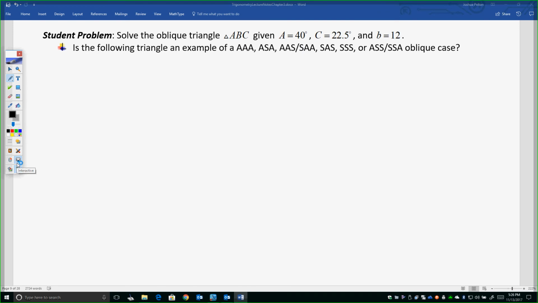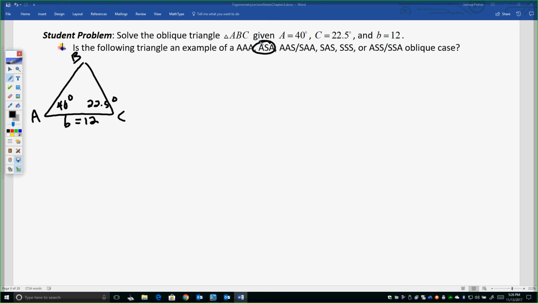Okay, student problems again. Book problems and test problems will not be given the diagram. So we'll draw an arbitrary ABC triangle where A is 40 degrees and C is 22.5 degrees and side B is 12. So another angle, side, angle is the given.